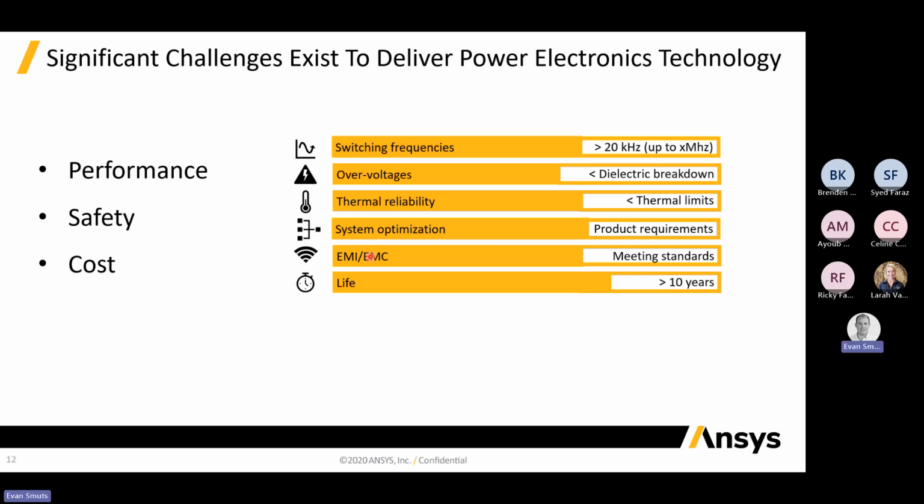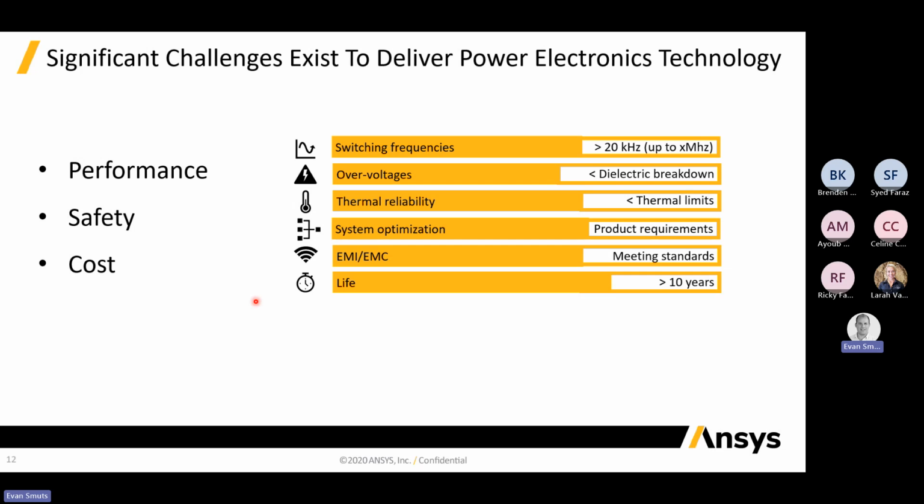We're always trying to make our products better, so consider these three main pillars: performance of the product, safety and reliability, as well as the overall cost of the product. We're trying to find the balance between all of these. We can get a very good performing product that's very safe, but maybe it costs too much to be viable. So we always need to consider the balance between these items.